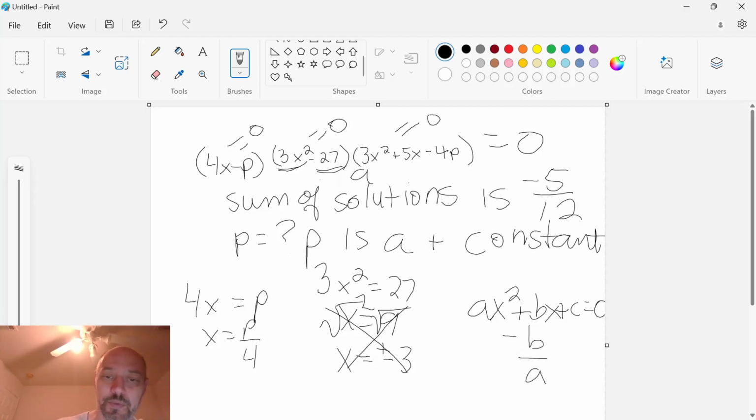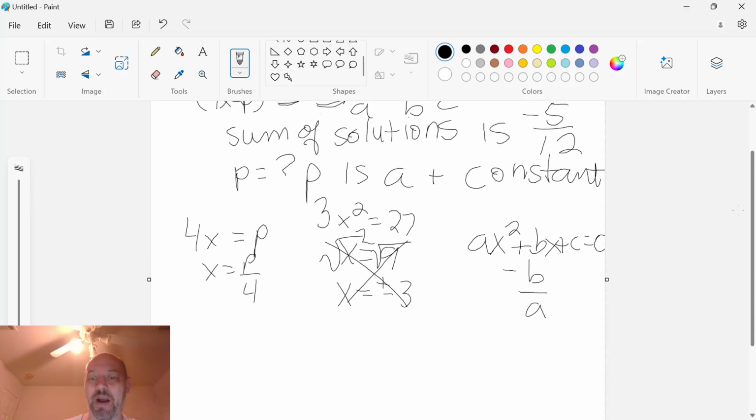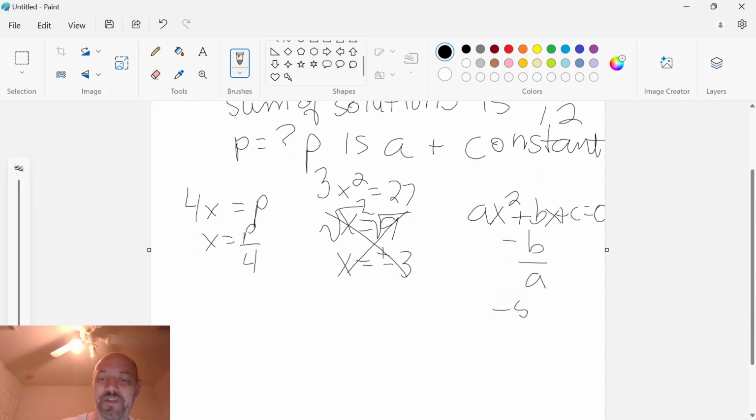So here a is 3, b is 5, c is minus 4p. The minus 4p doesn't matter. Negative b, negative 5 over 3. So the sum of the solutions for that part is negative 5 over 3. And then I'll just add p over 4 minus 5 over 3. I'm adding those solutions together, equals, and then it says it's negative 5/12.